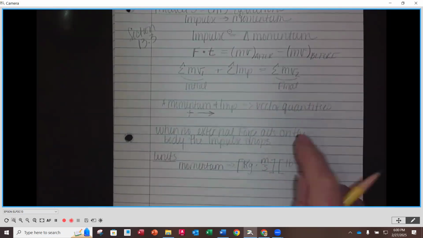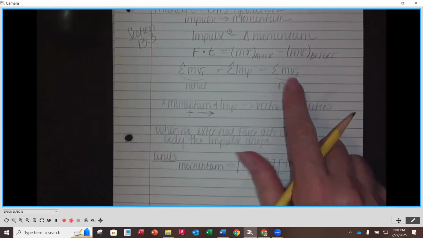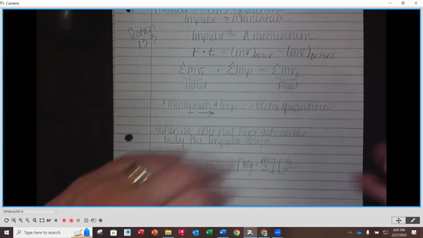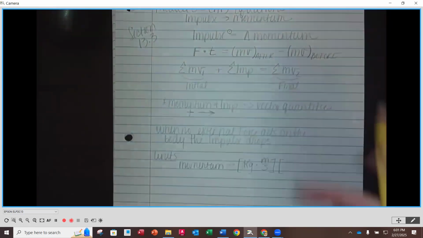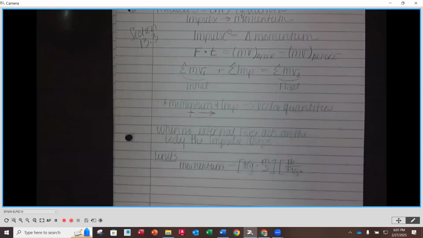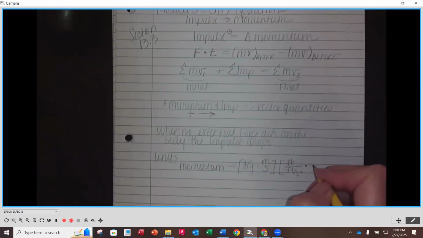So we know that when we want to find mass in the English system, we need to take its weight in pounds divided by gravity. So I'm going to do pounds divided by feet per second squared. That would be our gravity underneath. And then times velocity, which would be feet per second.